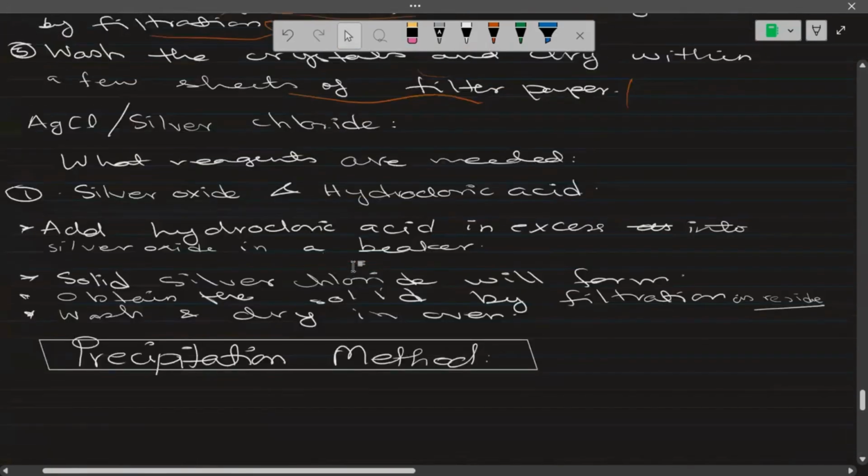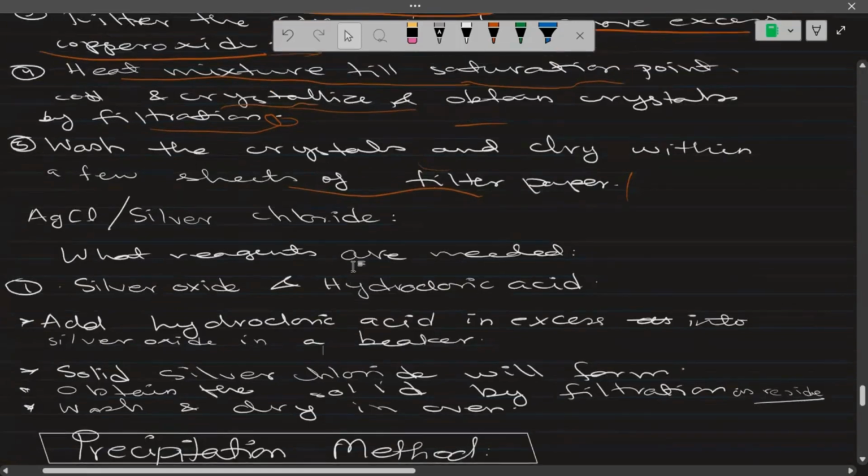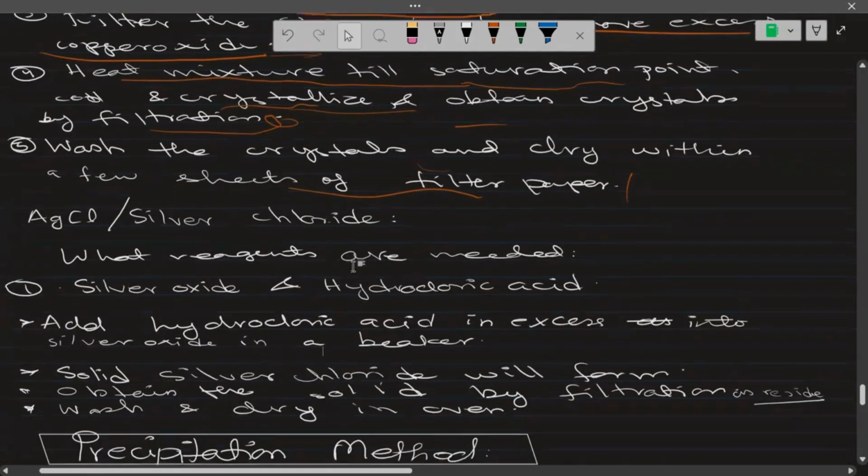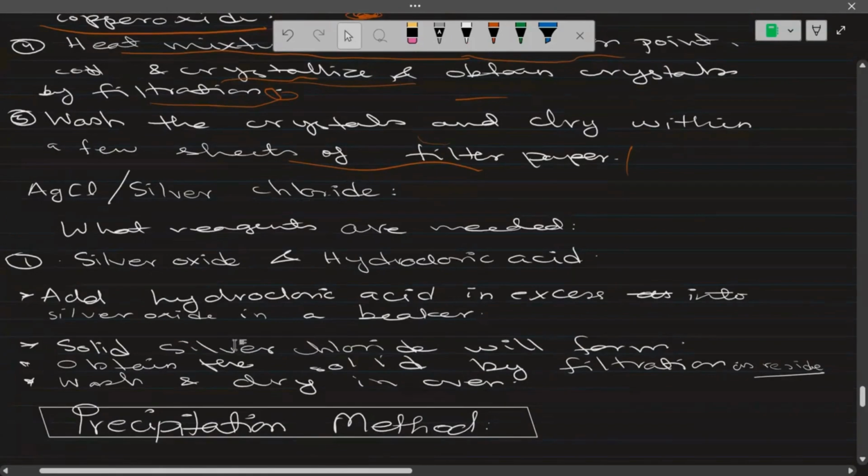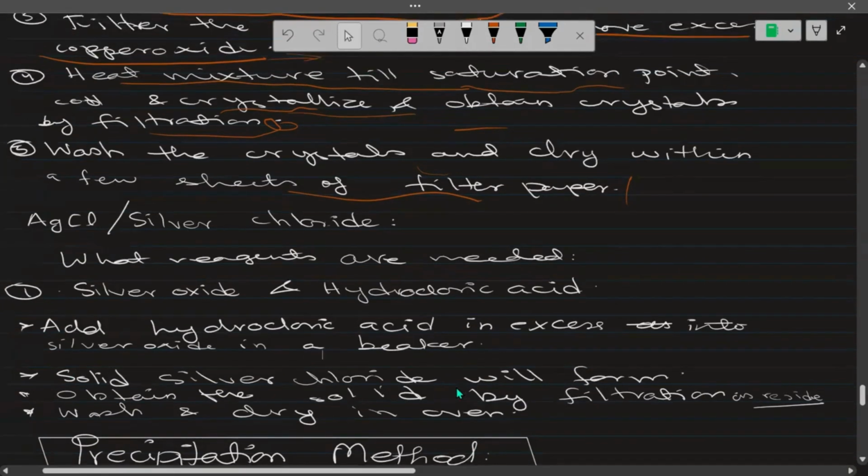Then we will add hydrochloric acid, to obtain chloride, in excess into silver oxide in the beaker. Solid silver chloride will form. Obtain the solid by filtration as residue. Wash and dry in oven. Okay, so this is easy for silver.